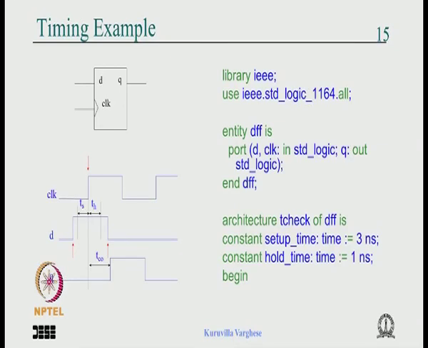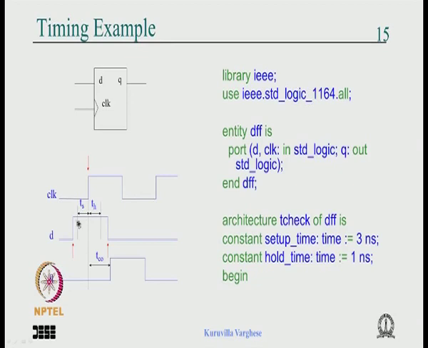So you know that in a flip flop you have a clock coming, and the data, for proper transmission of data to the output, data has to arrive at the input some time called setup time TS before the clock edge, and also the data should remain there some time after the clock edge.